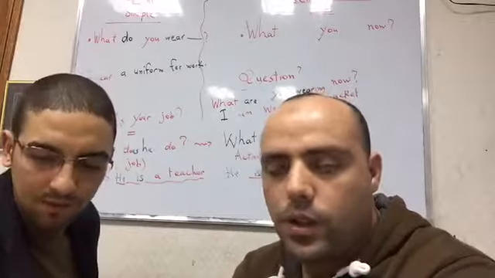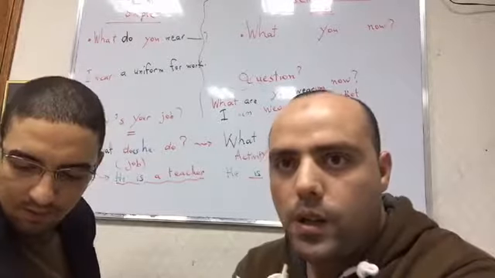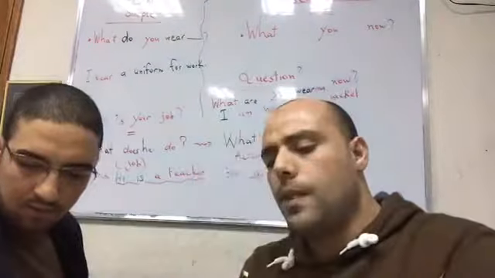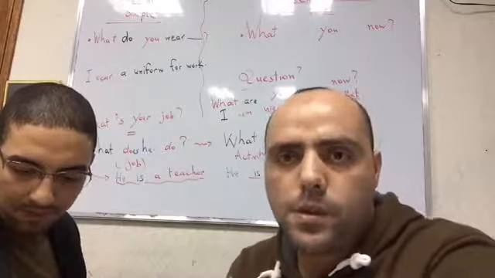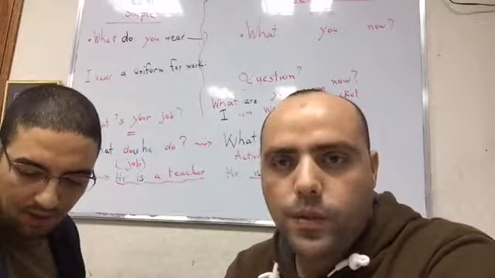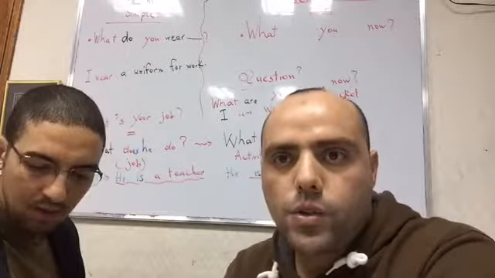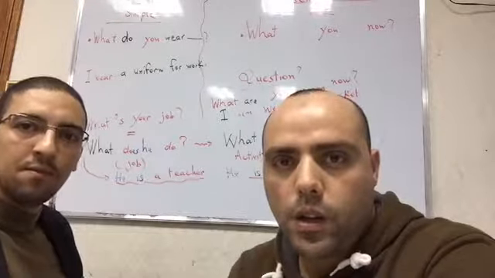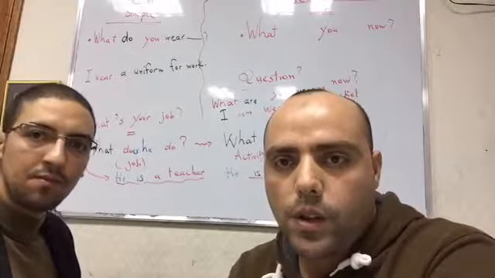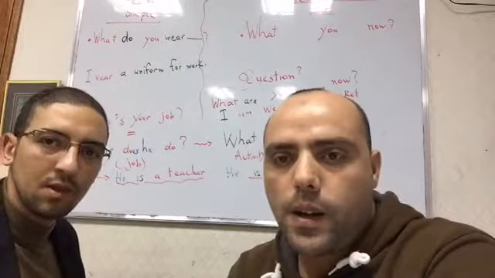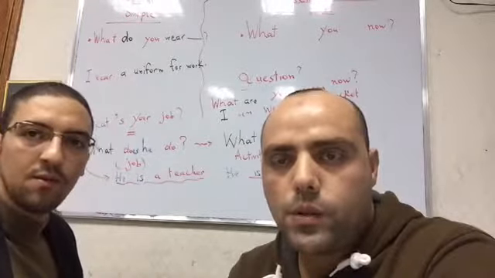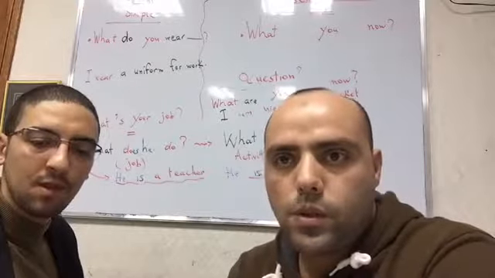And I just want to give a hint about the means of transportation and the verbs that we use with them. For example, if you're going to talk about a car, you should say drive. He is driving a car. If you want to talk about a ship or a boat, you use the verb sail: sail a boat or sail a ship.